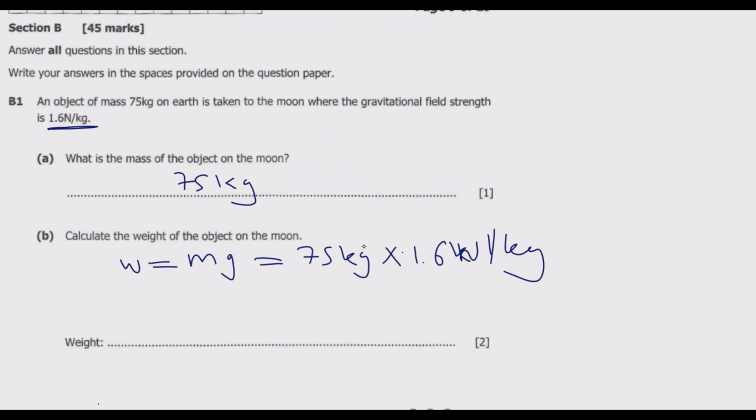What you notice here is that the kg and kg cancel. You end up with 75 multiplied by 1.6. You get 120 Newton as the weight of this object on the moon. We move to question C.